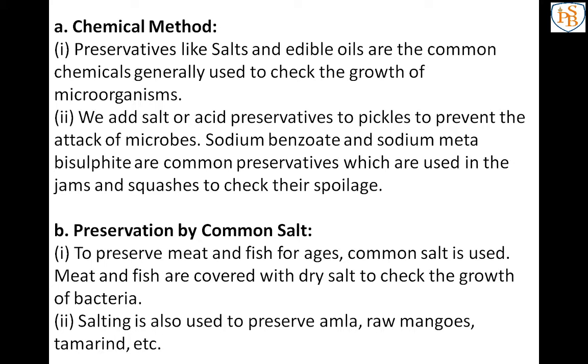Because they want to preserve that food. We are going to learn the same one by one. Preservatives are the chemicals we use to protect food from being spoiled, like salt, sugar, oil and vinegar.